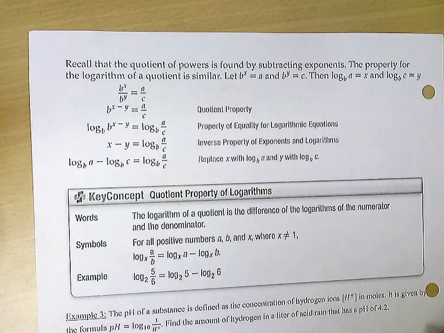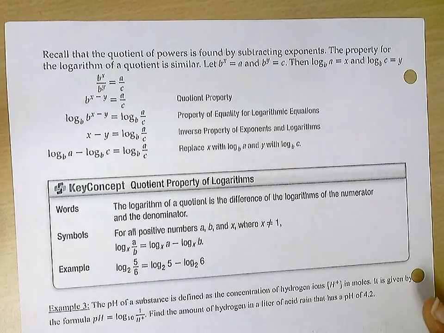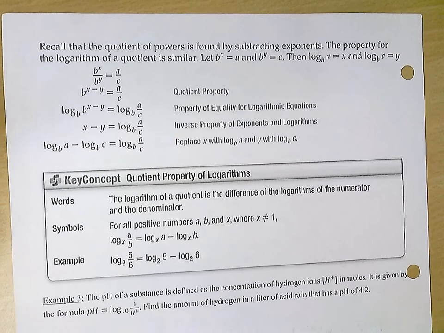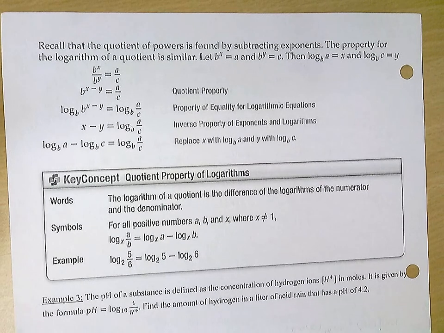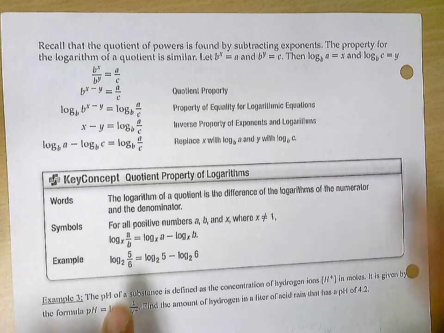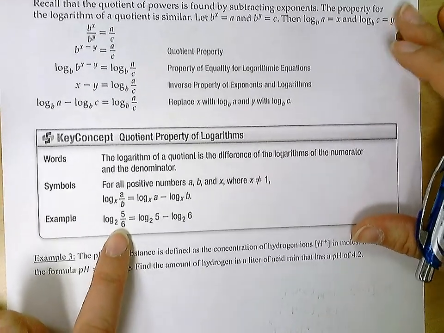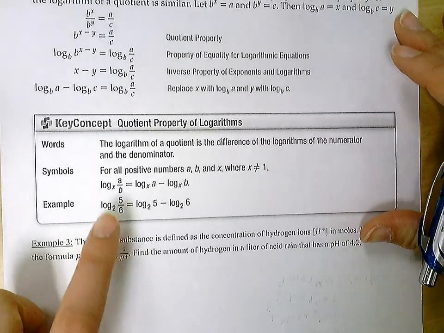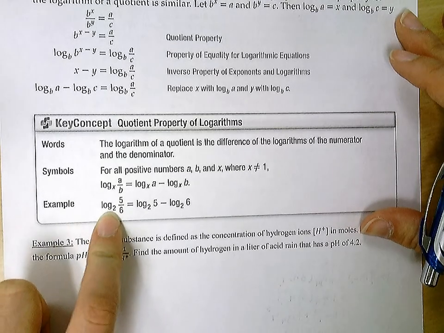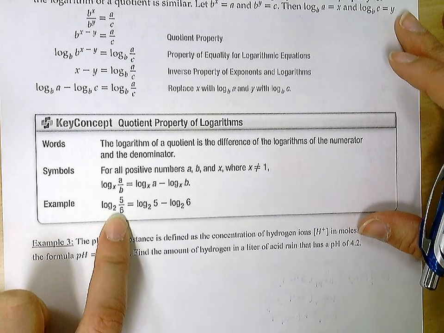All right, then on the back, we have the quotient property. This one's similar to the product property, except now if you're subtracting, you have a fraction, and vice versa. In this example, I'll skip over the proof part. We have log base 2 of 5 over 6.